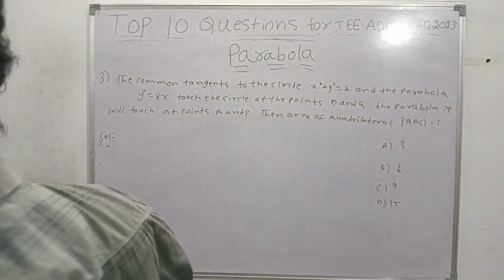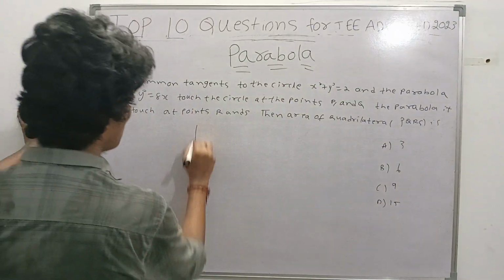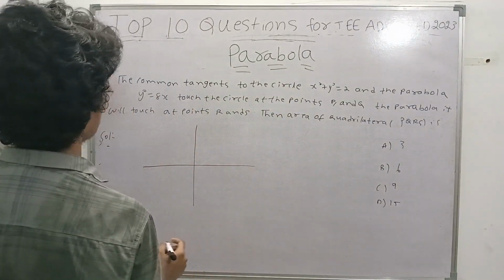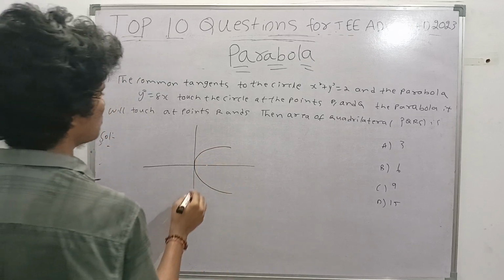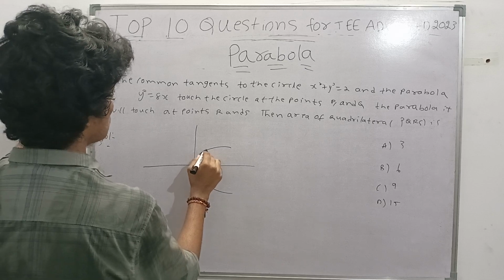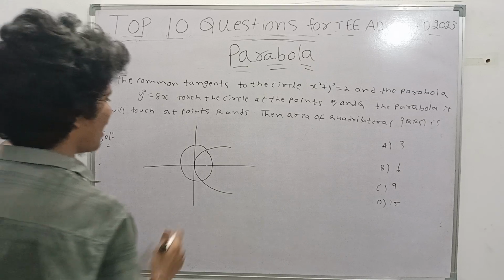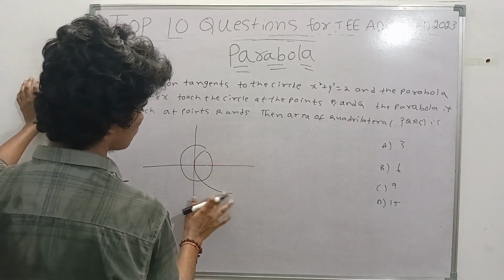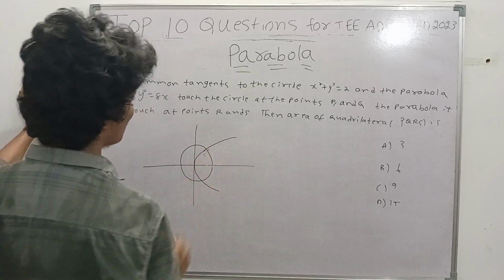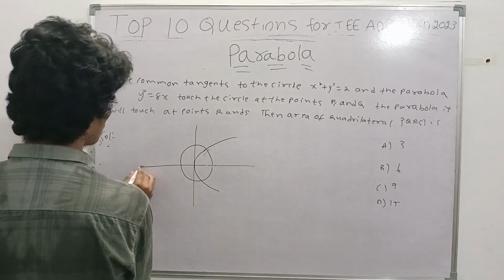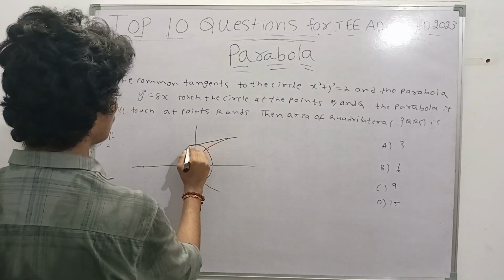This is also a property based question. You can observe clearly the common tangents to the circle. This is a circle and the parabola is given. If you plot the circle and the parabola, this is a circle, this is a parabola, and if I want to draw the common tangents, these two, I have to do like this.